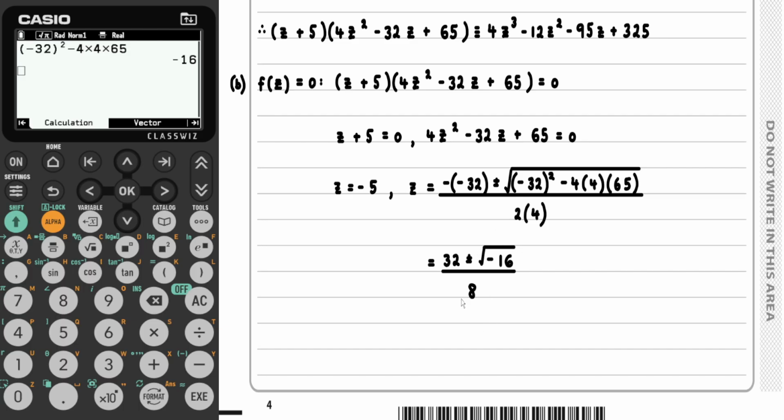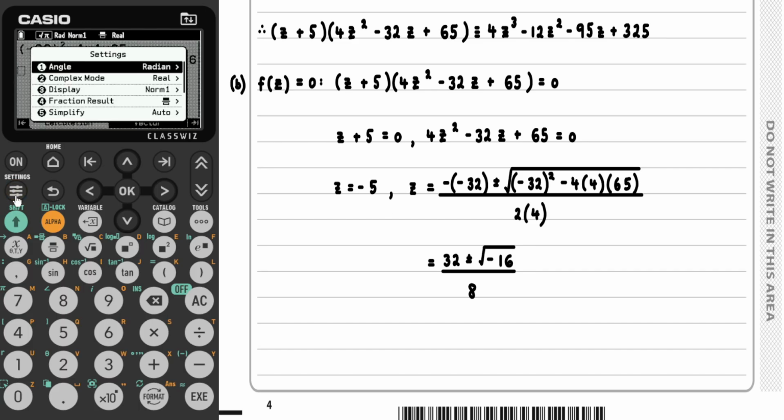So now we can find out the value of this. If I press the settings key on my calculator, then the second option for complex mode, we can give answers in the form a plus bi.